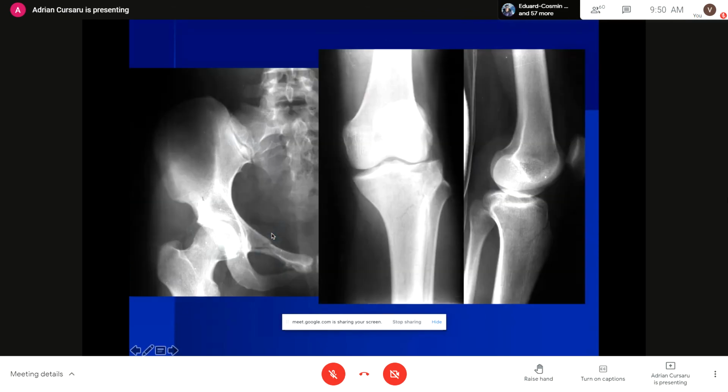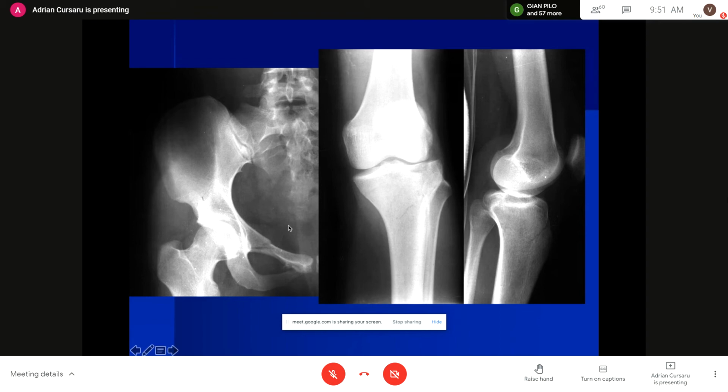It is very important to establish that because this kind of fracture is vertically unstable, and we will have a big blood loss and hemorrhagic shock could appear in that case. It is a polyfractured patient.